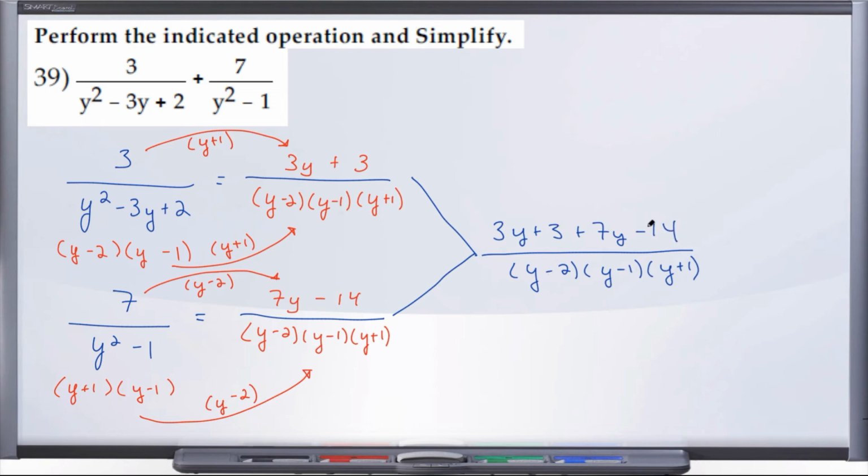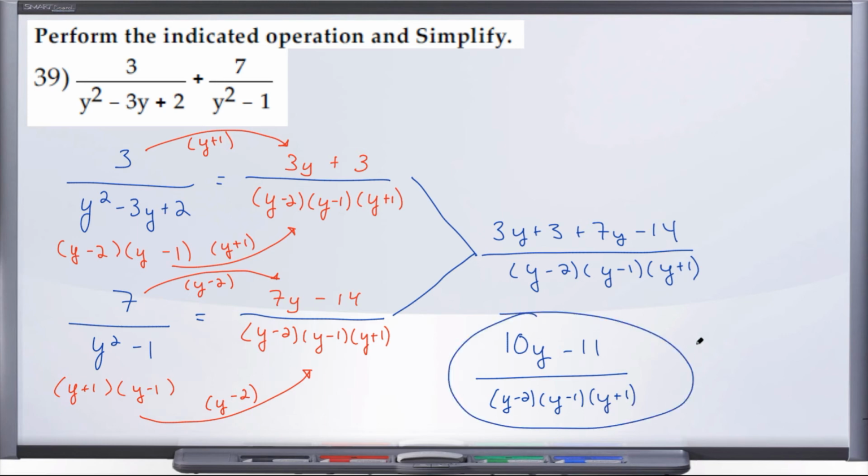And now let's go ahead and combine like terms here. So 3y plus 7y gives us 10y, and 3 minus 14 gives us minus 11 over that common denominator, y minus 2, y minus 1, and y plus 1. And there we have it for number 39.